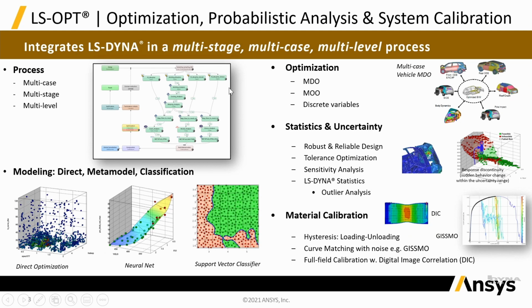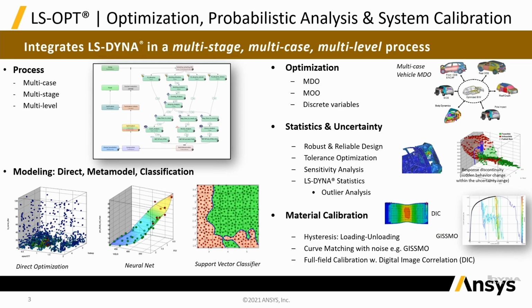It can have multiple samplings, which can sometimes handle multiple disciplines, and it allows multi-level processes to be defined. All this together gives you a lot of flexibility in terms of what kind of process can be defined and eventually optimized.